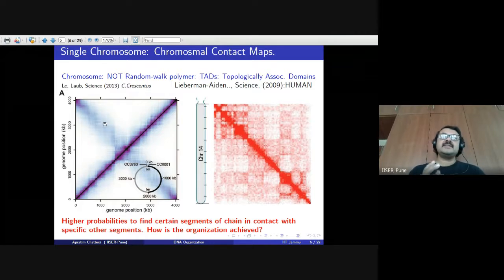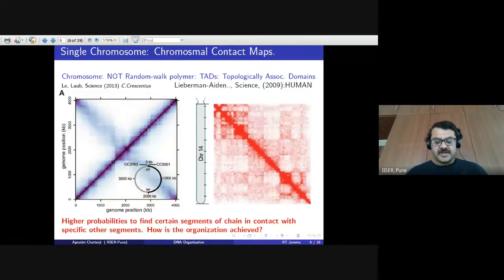And there are certain higher probabilities to find certain segments closer to certain other specific segments. Because if it was a random coil, the probability distribution would look very different. The probability goes as 1 by r as you go farther along the contour, but this is very different.